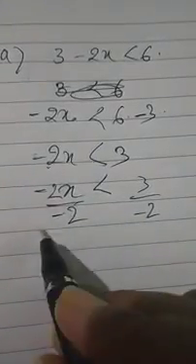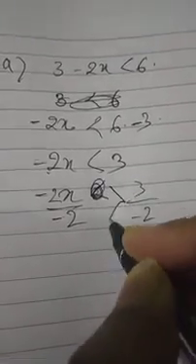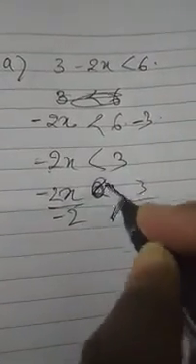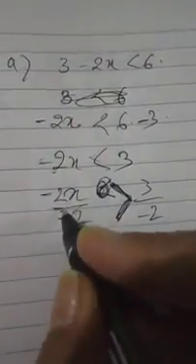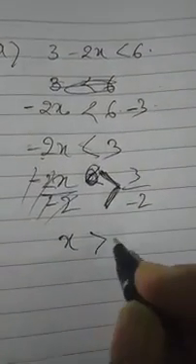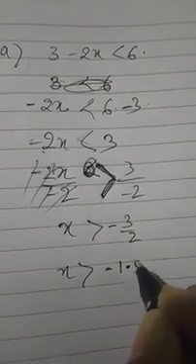But whenever we are dividing or multiplying by a negative number, what I have told you, the sign will get reversed. This less than will become greater than. Now this minus minus will get cancelled, 2 will get cancelled. x > -3/2. So x > -3/2 means -1.5.